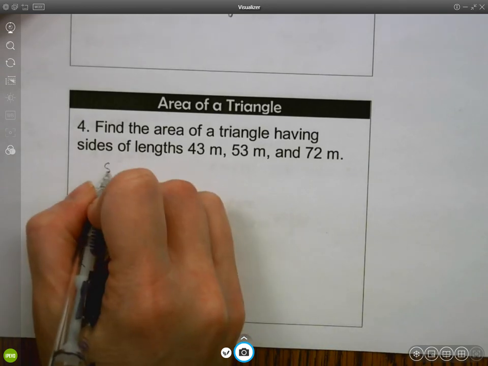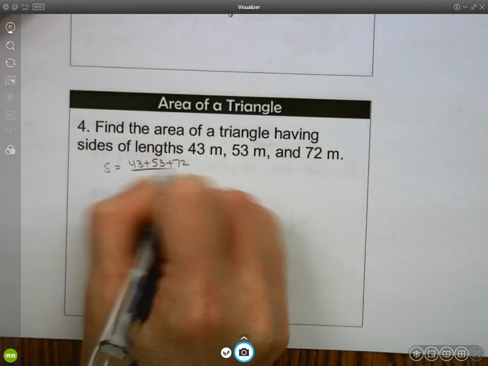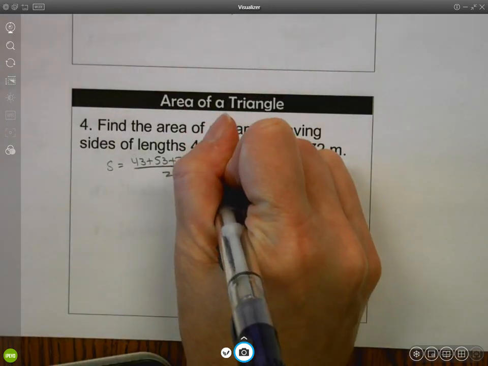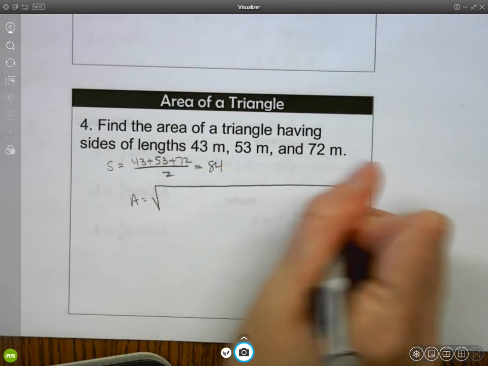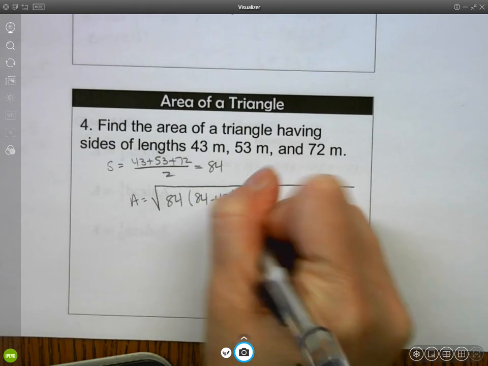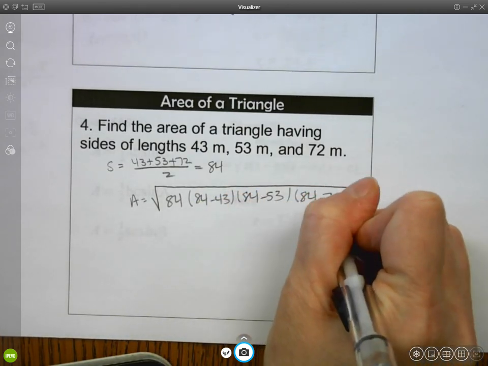All right, so semi-perimeter. If we do 43 plus 53 plus 72, we get 168. Divide that by 2, and we get 84. So area is going to be the square root of 84 times 84 minus 43 times 84 minus 53 times 84 minus 72.